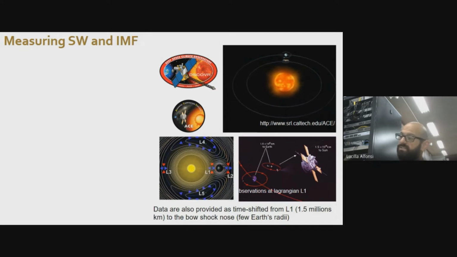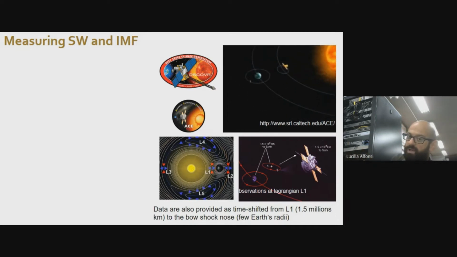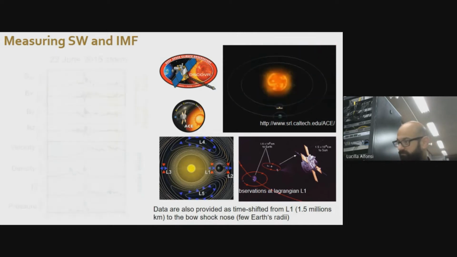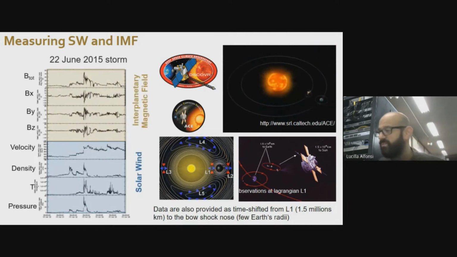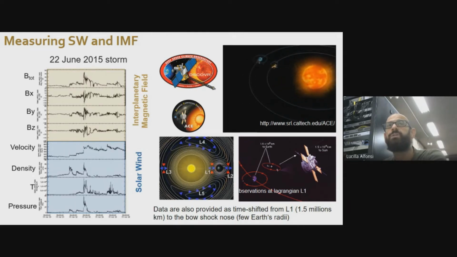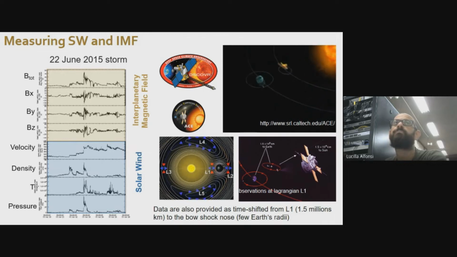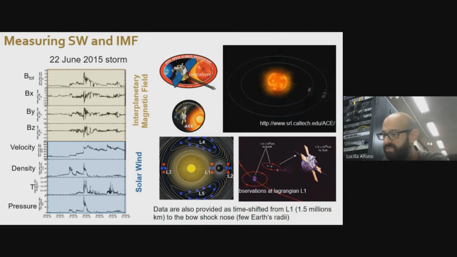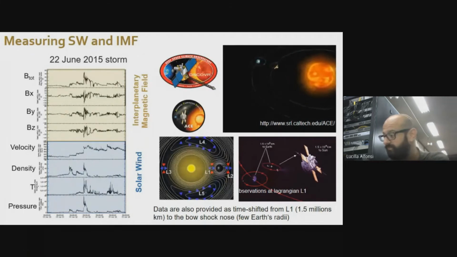So we are constantly looking at the Sun from an Earth point of view. With the measurements from these satellites, we are able to define different parameters: the total intensity of the interplanetary magnetic field, its X, Y, and Z components, and the parameters related to the solar wind, that are the velocity, density, temperature, and pressure.